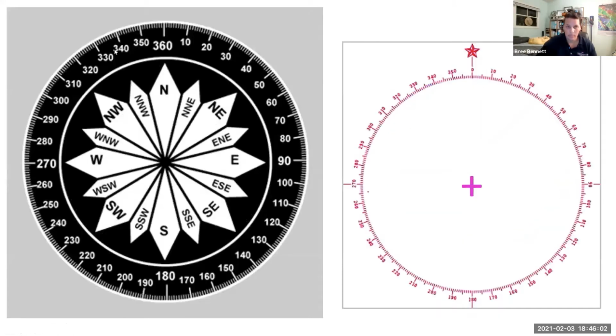So a compass rose on the chart is going to have all the values in numbers. It doesn't have any N or E, S, W, or any of those.